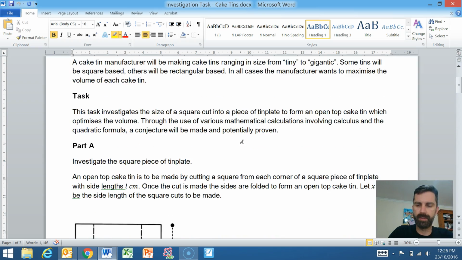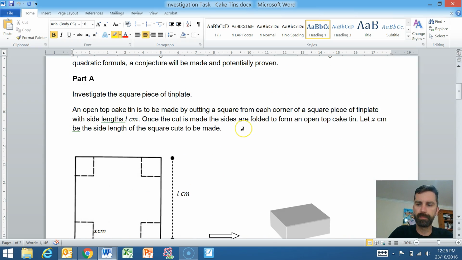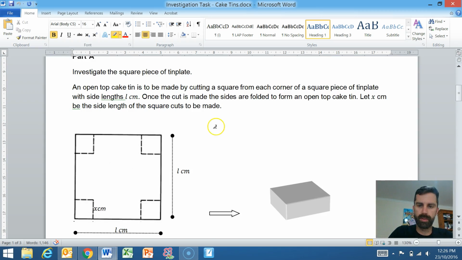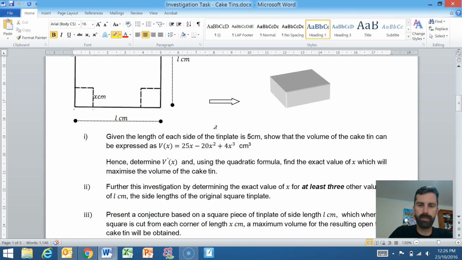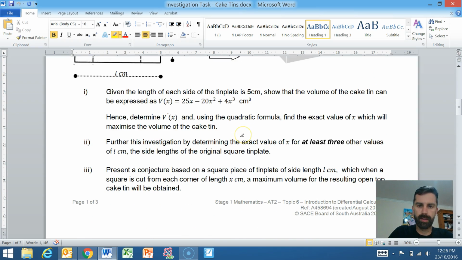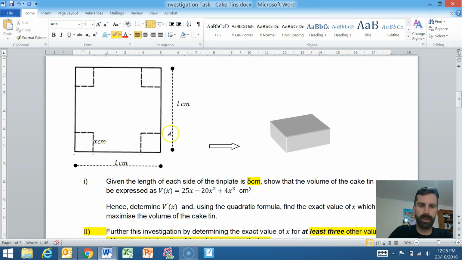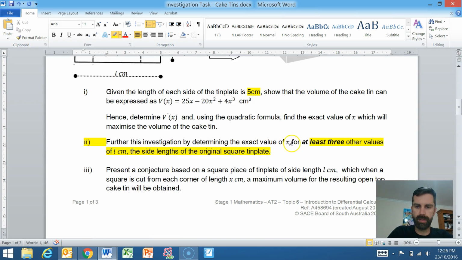Remember, there's a few different parts to it. Part A is about investigating a square cake tin. So everything that you do is just a square. When you do part A, you need to look at at least 3 other values of L. You need to start off with 5 centimeters, the width of the original square that you start with, and look at at least 3 others.